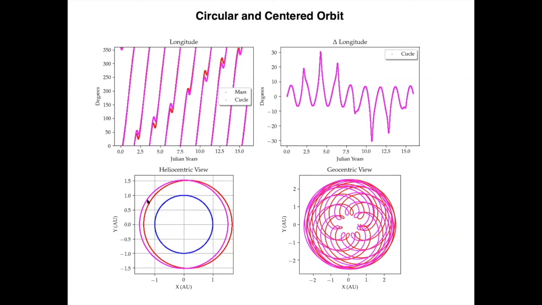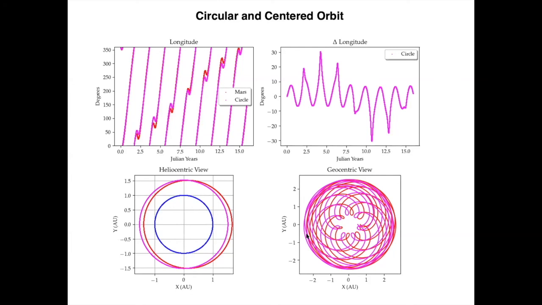The lower left plot is showing here the orbit of the Earth in blue, the true orbit of Mars, which is in red, and the circular model that we are considering in magenta. And this is the heliocentric view, and this is if you change the reference frame to Earth, the geocentric view. So Mars' orbital path seen from Earth is the red, and as you see here, the circular model gives you very wrong predictions.